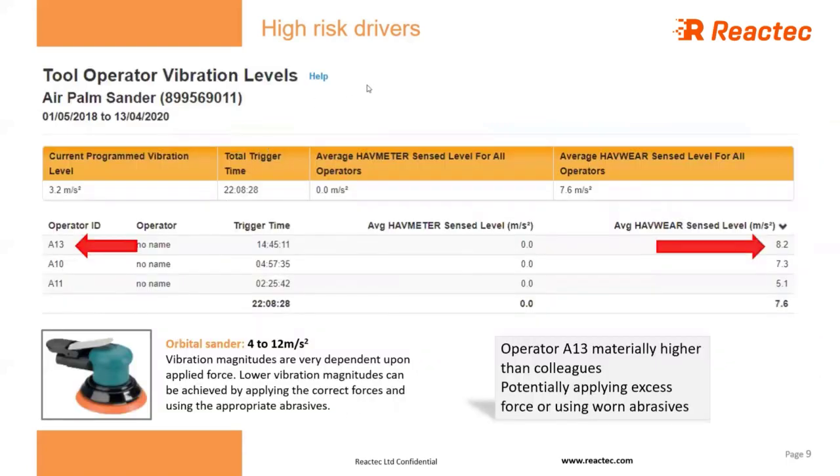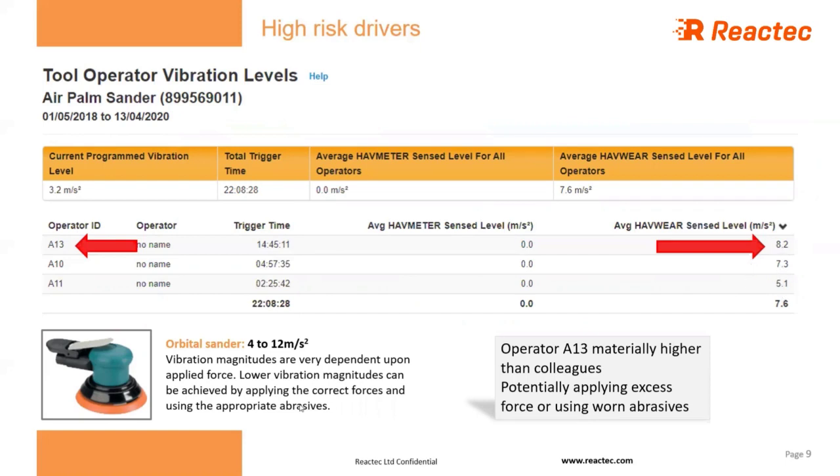And when we looked at his use of this particular tool relative to a number of colleagues using the same tool, we could see that he uses this tool longer than others, but also that his usage in terms of his vibration magnitude is significantly higher than his colleagues.